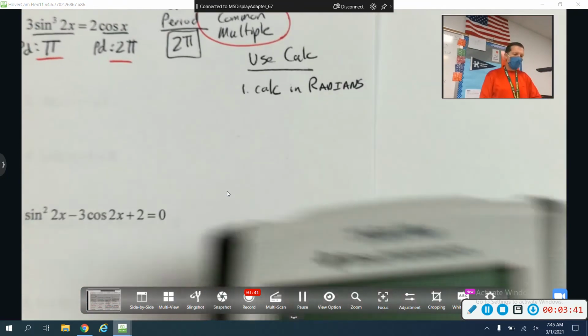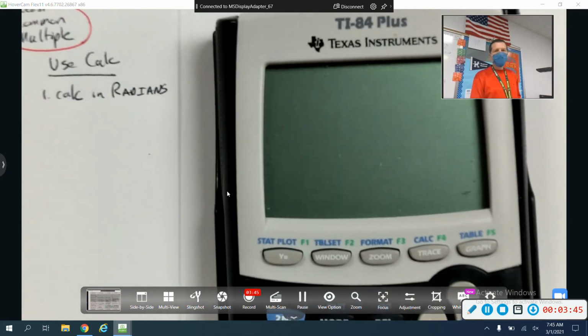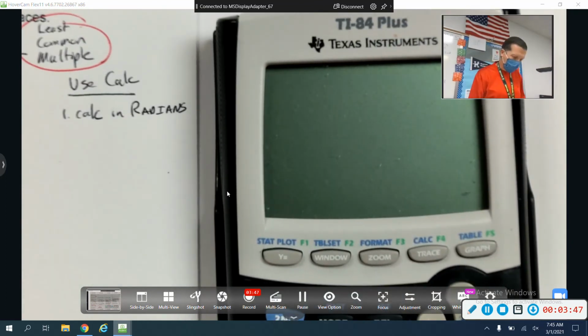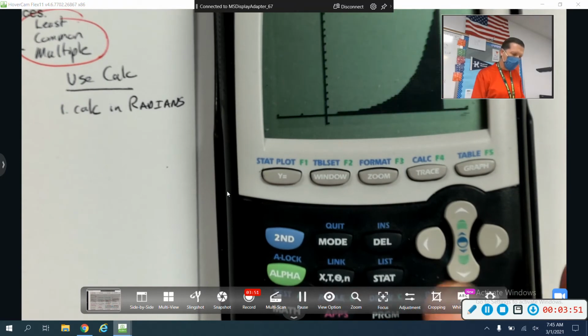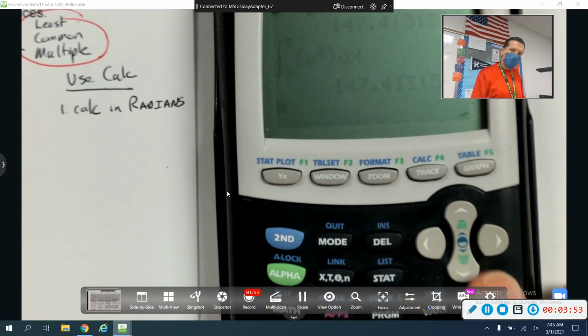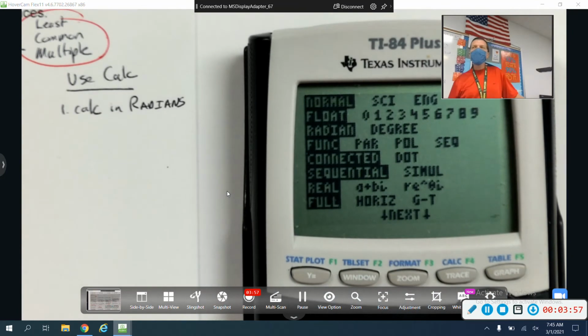You can see it. So grab your calculator. Press the mode button. Mode. And the default mode is radians, so it's probably in radians.